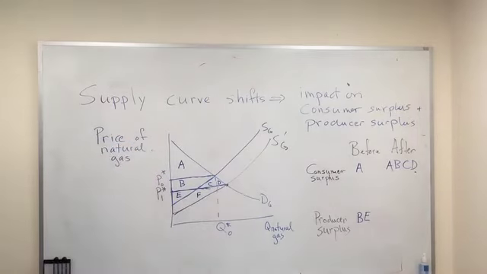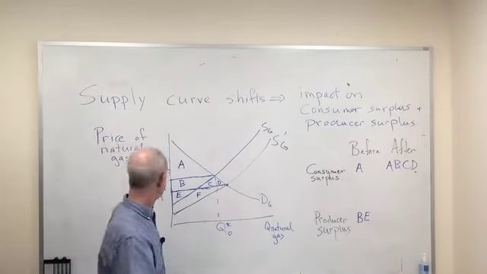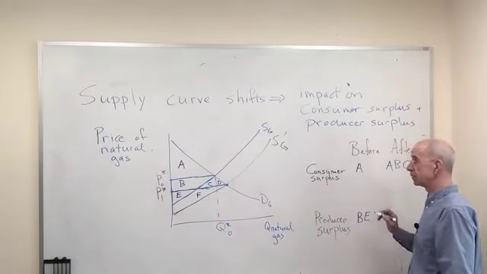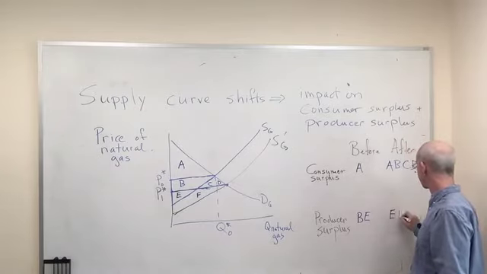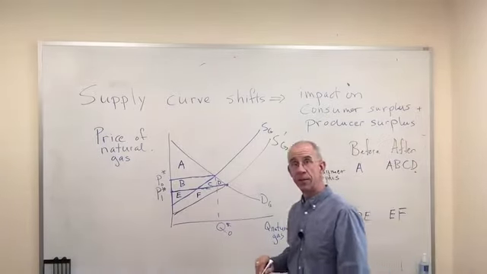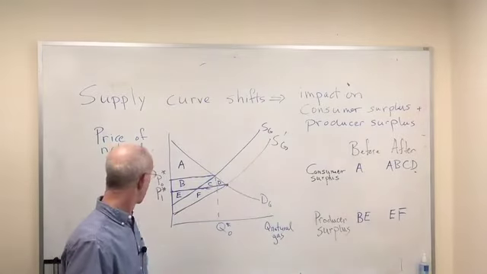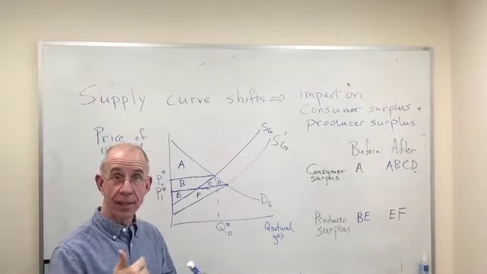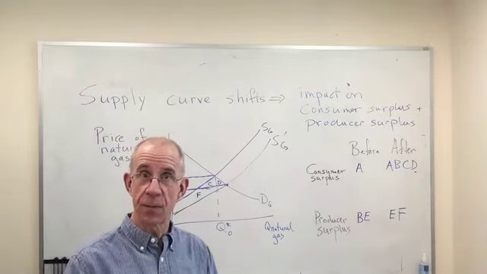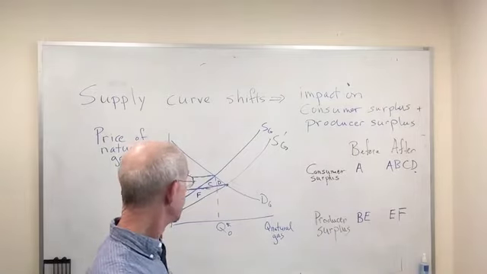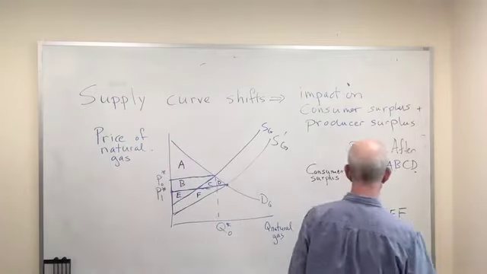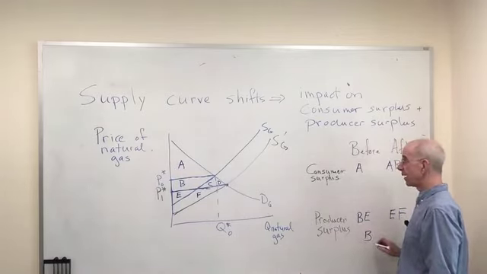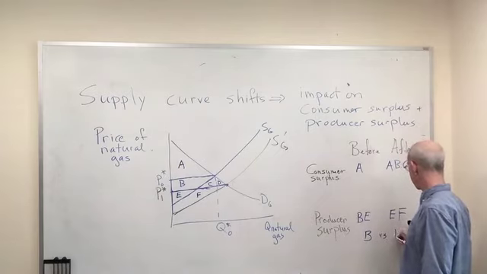And so what you have in this case is a producer surplus after the change of E, F. Well, they were earning E in both circumstances. But if you look at the net effects, it's really area B versus area F.